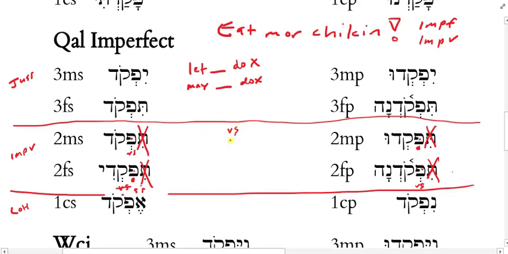So when you have a vocal shava, you vocalize it. When you have a silent shava, you don't. And then there is this in-between shava called medial shava, medial, in between. It's silent enough to close a syllable, vocal enough to cause a dagesh lene not to stay put right after it. For all intents and purposes, we will pronounce it like a silent shava.